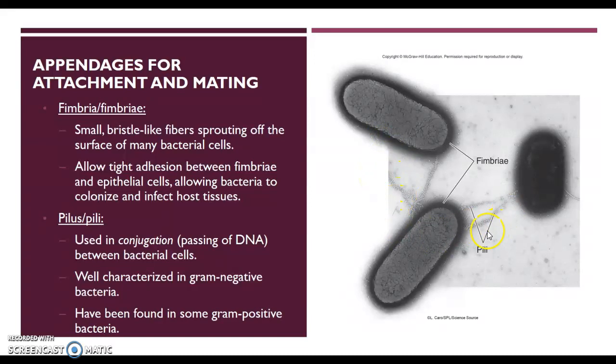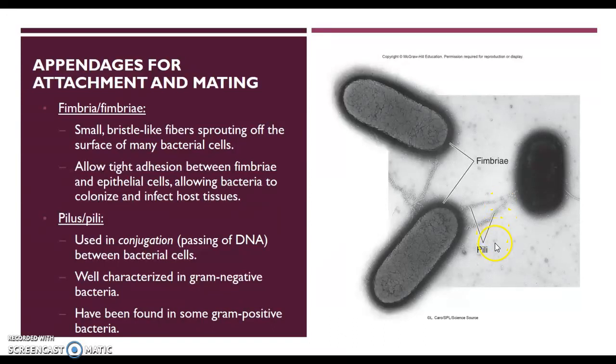The pili, or a pilus, you can see right here, these structures allow one organism to share genetic material with another organism. This only happens between an organism that possesses pili, and typically these are always gram-negative organisms.